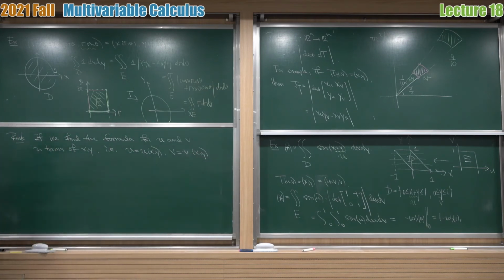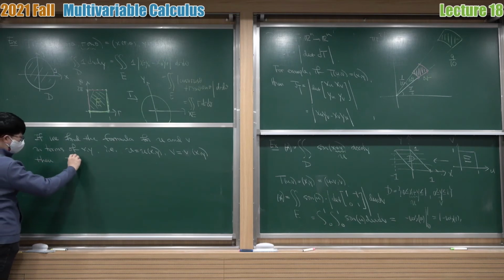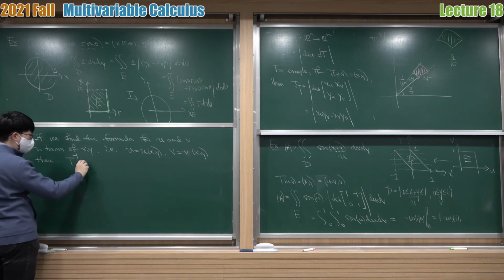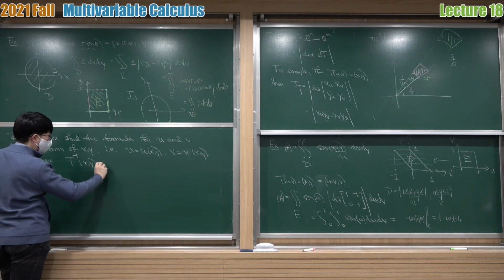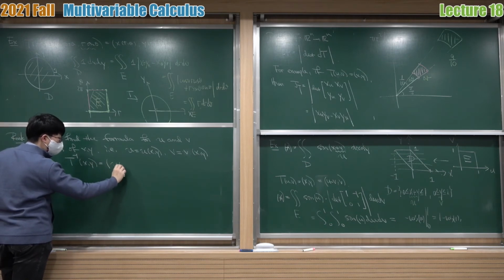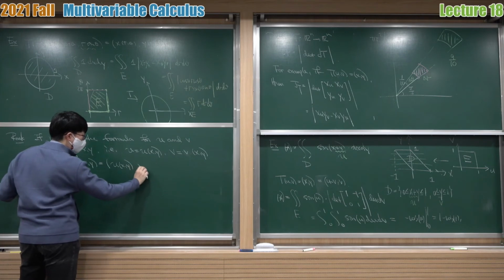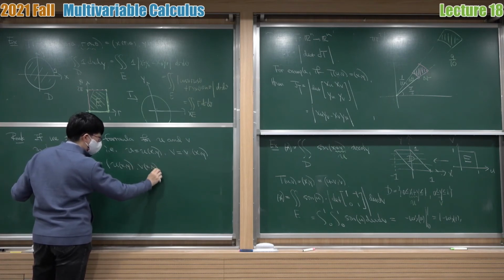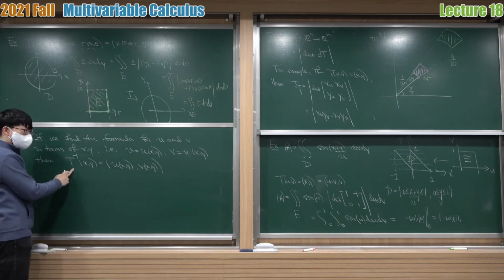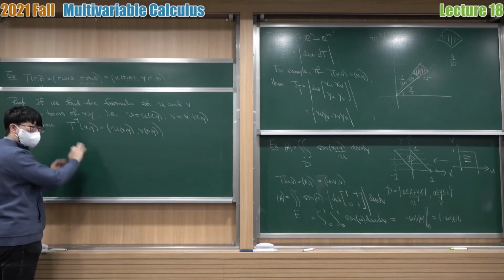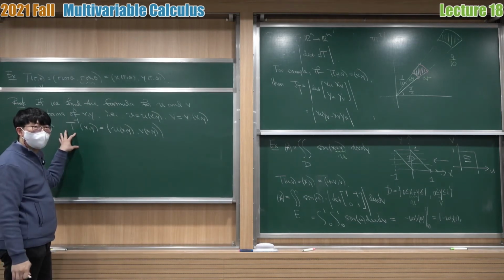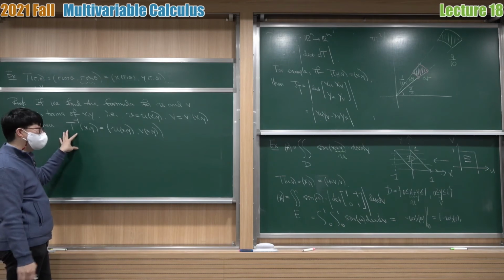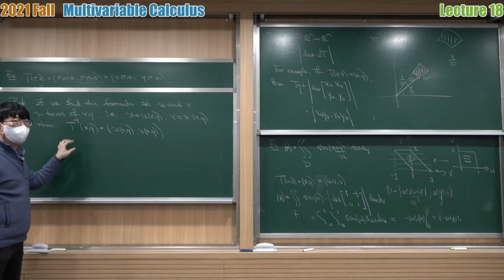Then this is not the coordinate function of the transformation. This is the coordinate function of the inverse of the transformation. So u(x,y), v(x,y) is the coordinate function of the inverse function, right? So we cannot take the Jacobian of this. We have to take the Jacobian of the inverse function.